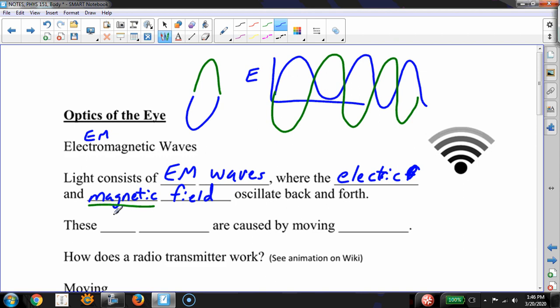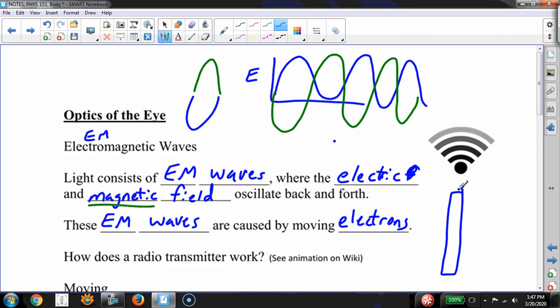At their very core, EM waves are caused by moving electrons. I'll put a link to this animation on Wikipedia, but in short, a radio antenna, which you possibly have on your car, is a metal rod, and on that metal rod electrons move back and forth, back and forth.